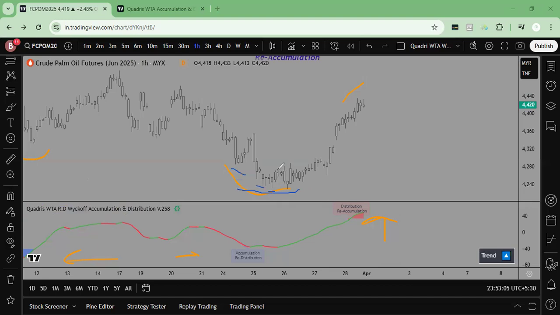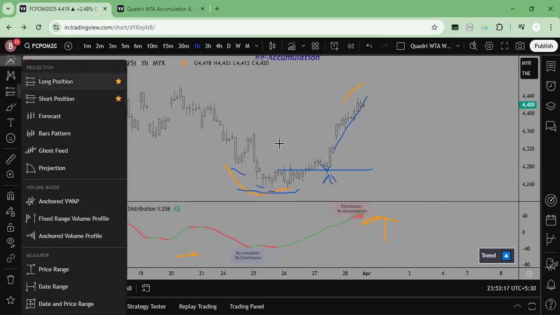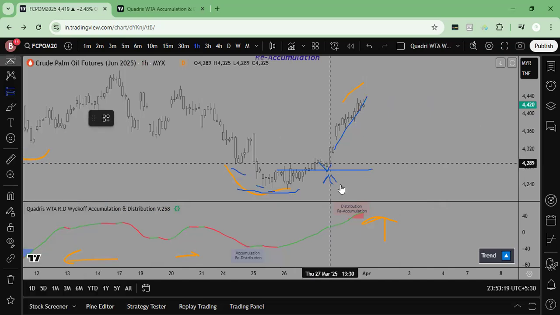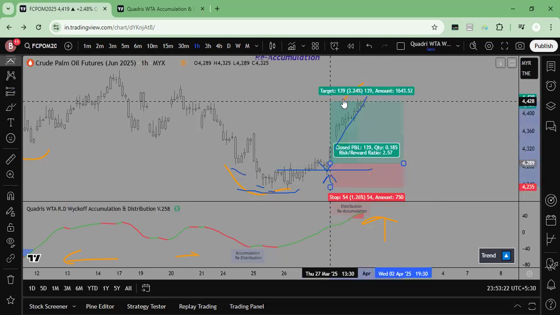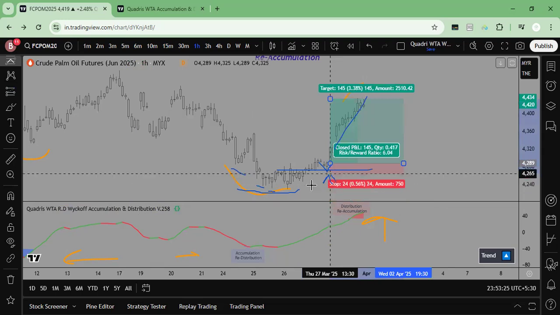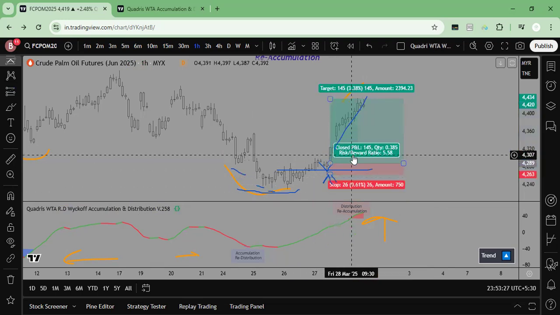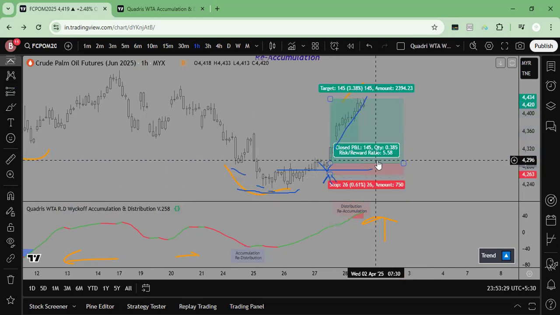Now, once we get out of this trade, on the pullback I would enter over here with this much profit. If I mark my profit from this particular point, and it is applicable on all fairly traded markets, with my stop underneath, it has given me 145 points.